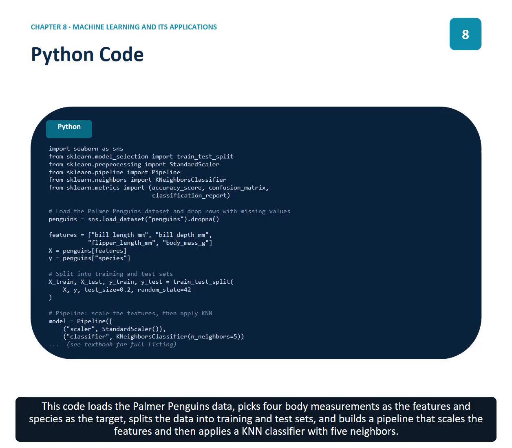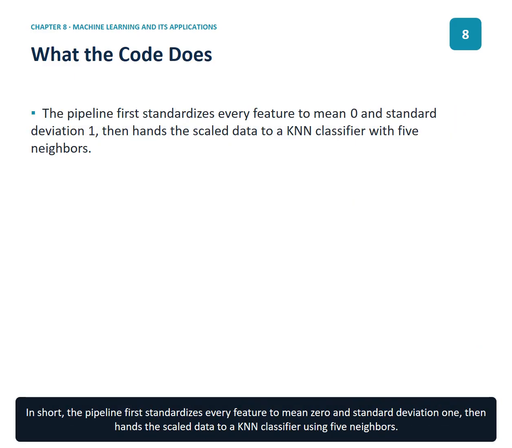This code loads the Palmer penguins data, picks 4 body measurements as the features and species as the target, splits the data into training and test sets, and builds a pipeline that scales the features and then applies a KNN classifier with 5 neighbors. In short, the pipeline first standardizes every feature to mean 0 and standard deviation 1, then hands the scaled data to a KNN classifier using 5 neighbors.